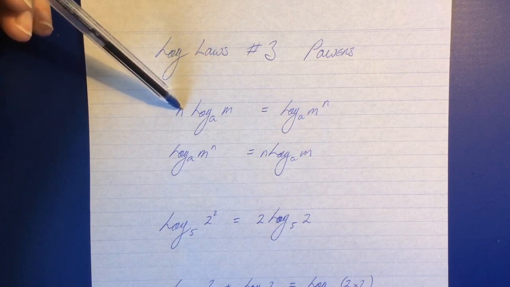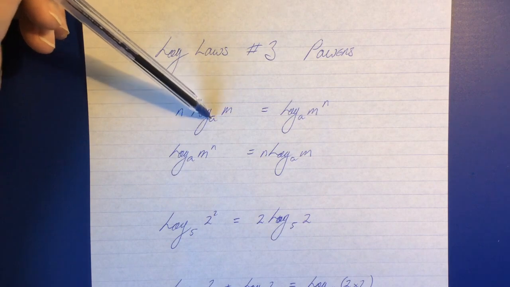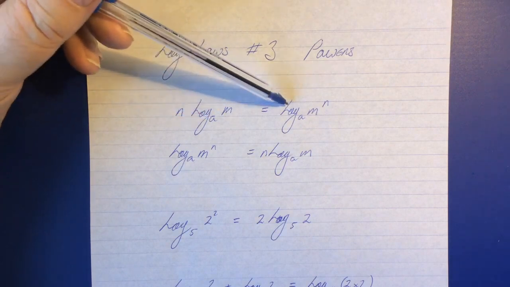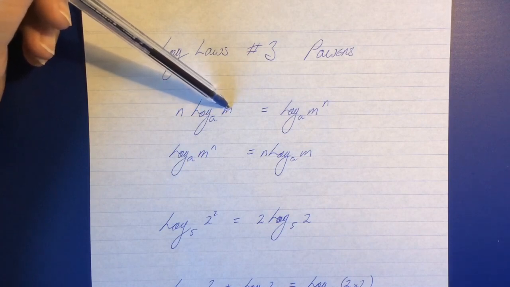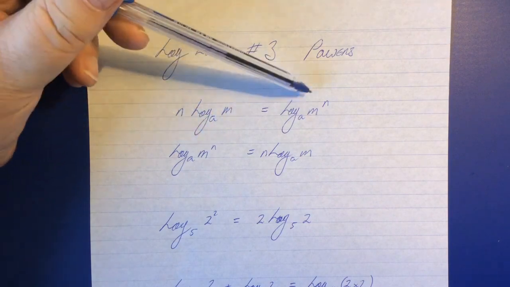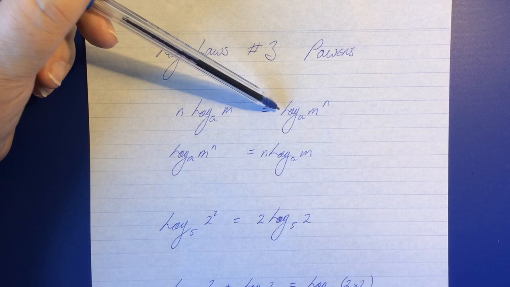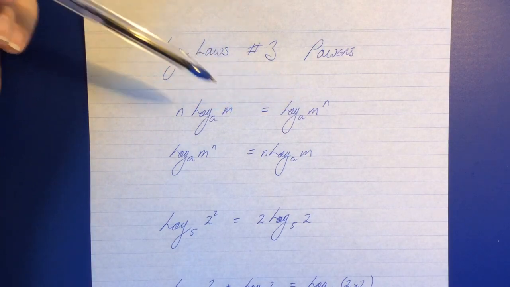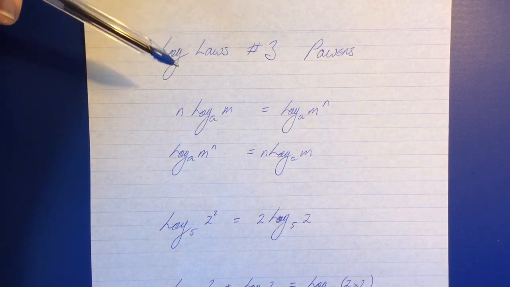If we have a number out the front of a log expression like this, we can rewrite that as this value to that power. So this expression and this expression mean the same thing. But it comes in rather handy when we have rearrangements to do or we're trying to simplify something.